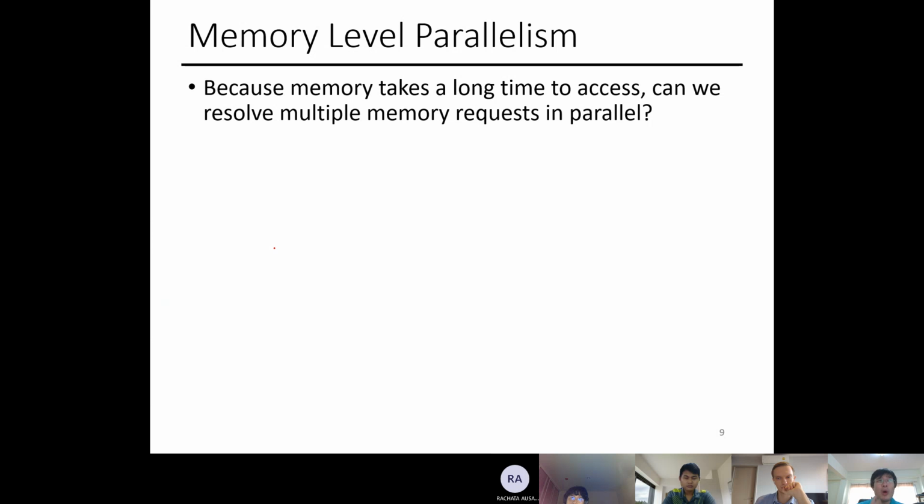Anyone want to guess what type of architecture would like to have a lot of bandwidth and a lot of parallel memory accesses? What type of processor architecture would like to have that? It is the GPU, right? For the GPU, one of the limiting factors is how much bandwidth you can give to the GPU itself.